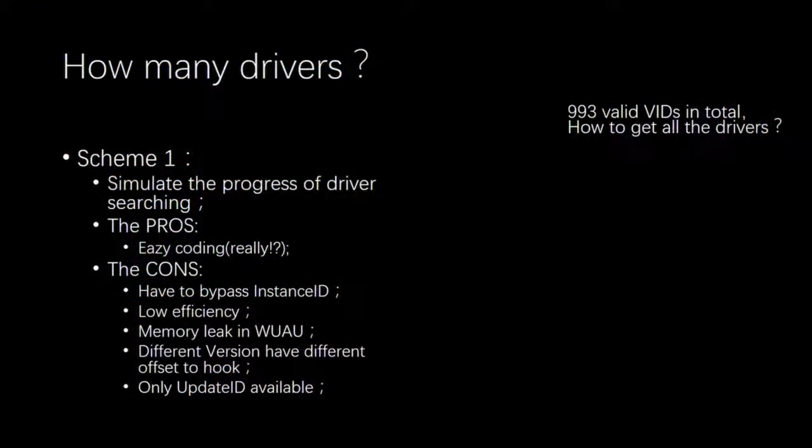And if we have done this process in just one version, if I want to port the tool to another version, I have to calculate and reverse another offset to hook, and it's a lot of work to do.